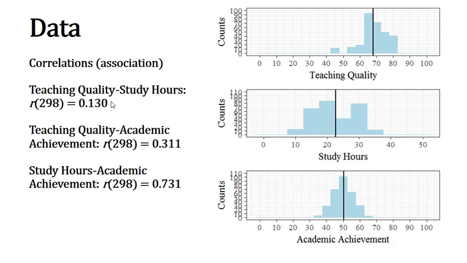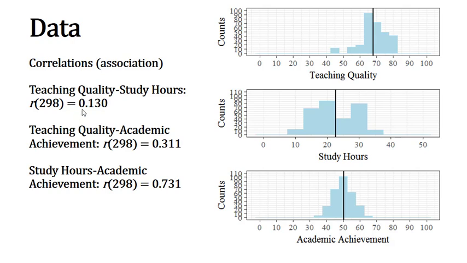And remember, association is different than causation. So the fact that variables are associated or correlated doesn't mean that they are causally related. So basically here the relationship shows that teaching quality and study hours is a weak association of 0.13.